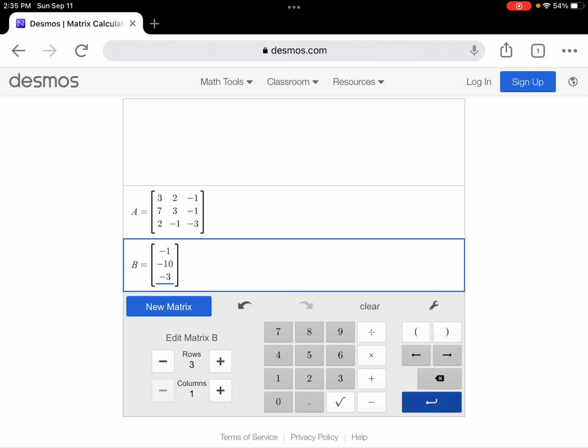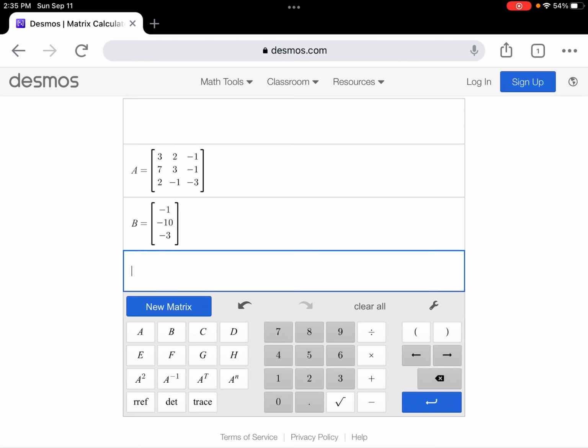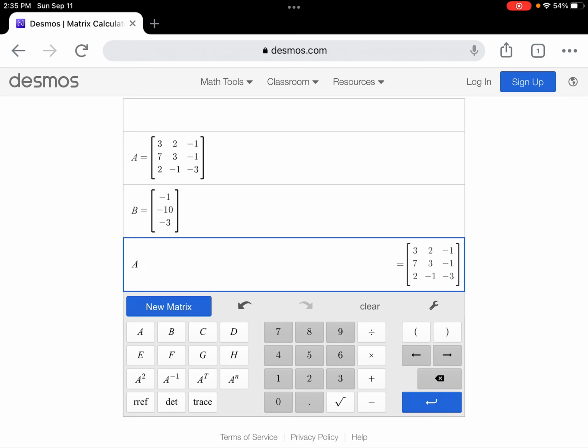Sometimes kids will tell me what I do wrong, and I'll say, did you type the numbers in right? Usually that's the mistake. There they are, x, y, and z. Now, by the way, the reason that's x, y, and z is because that's the order that your equations are in.